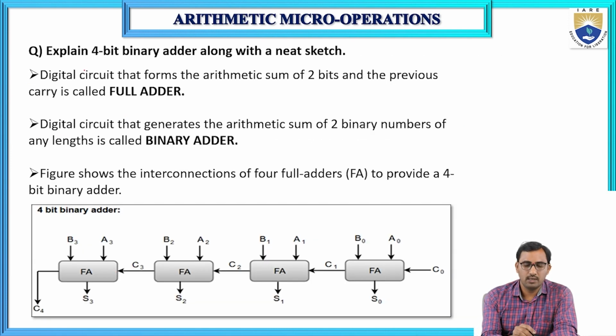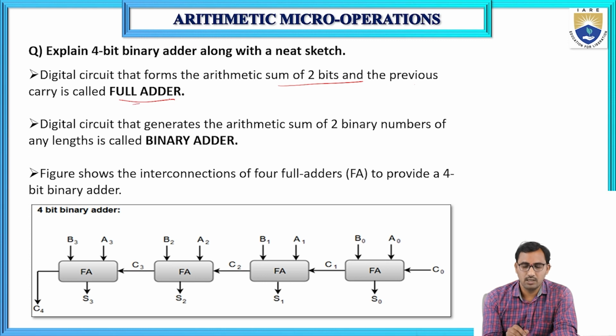Coming to: explain a 4-bit binary adder along with a neat sketch. The digital circuit that performs the arithmetic sum of 2 bits and its previous carry is called a full adder. So the full adder is used to find the sum of two bits and its previous carry.